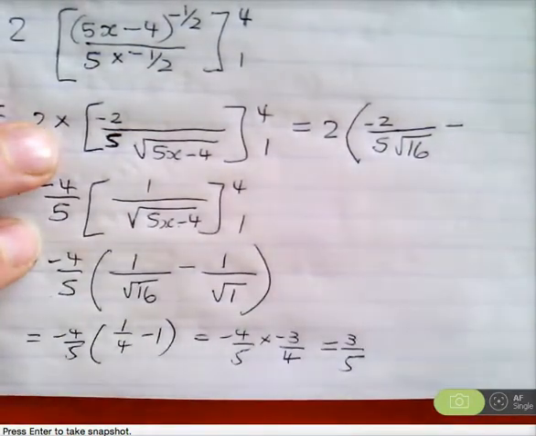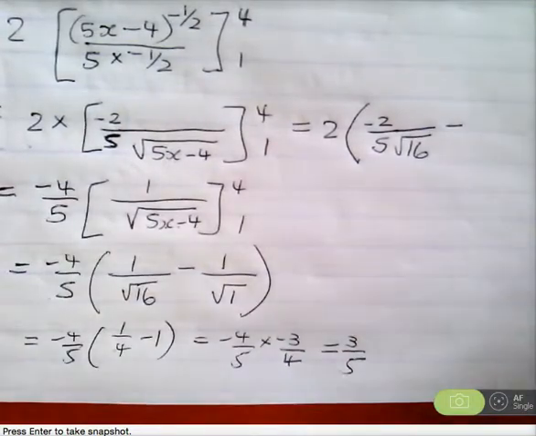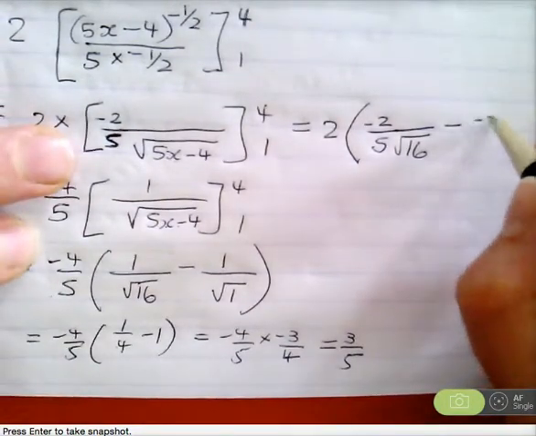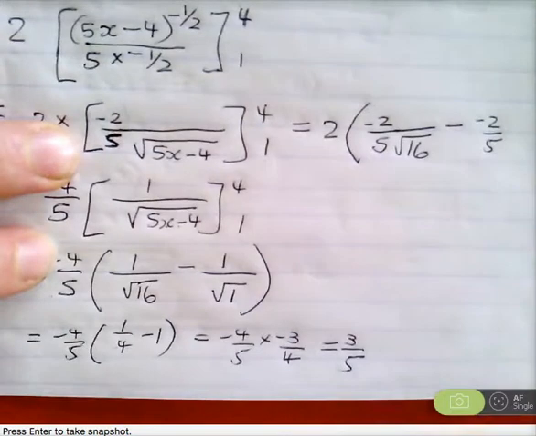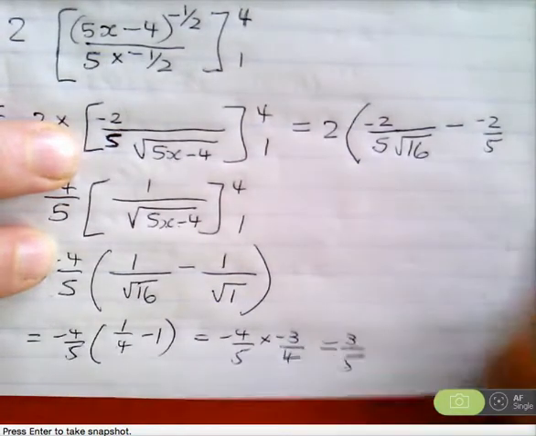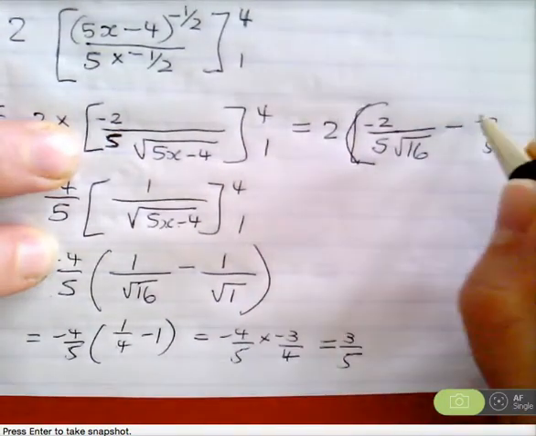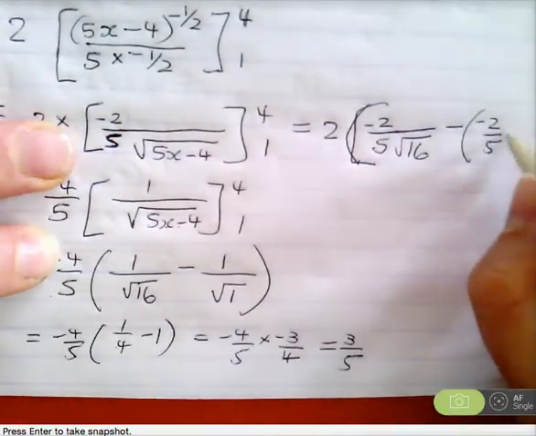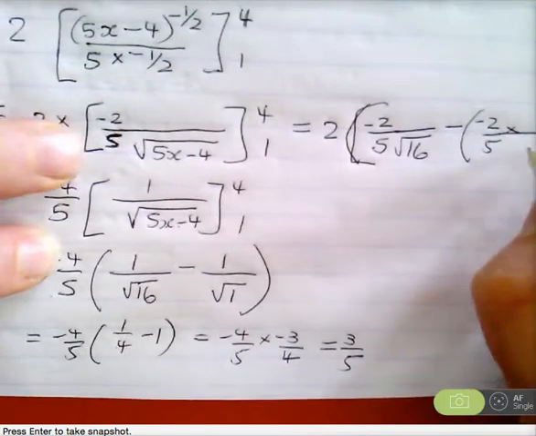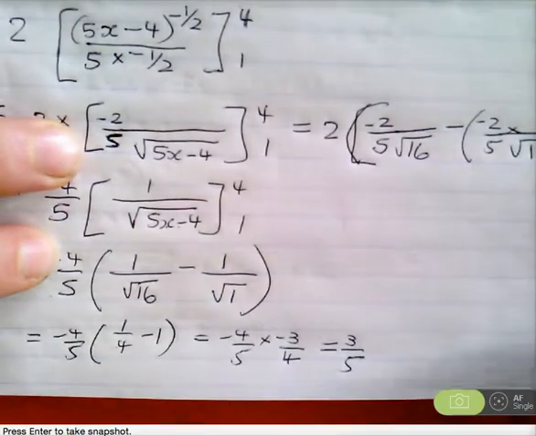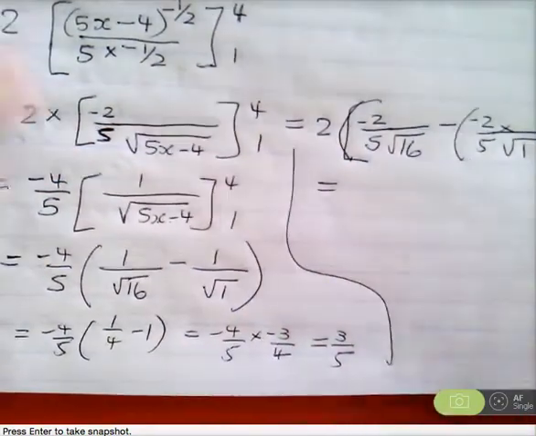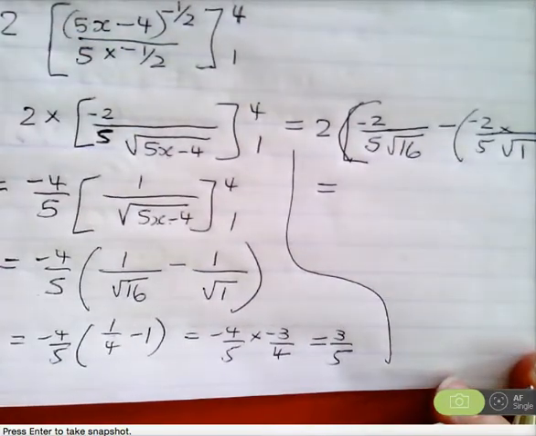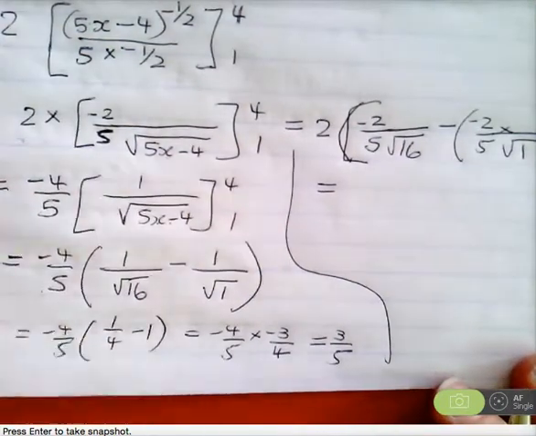See how this is actually much worse if you don't pull that -2/5 out. Can you see this is really risky doing it this way? You're making it really hard for yourself over the square root of 1. I would not do that. It's much easier to pull it out.